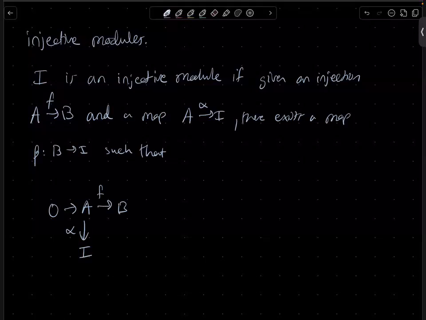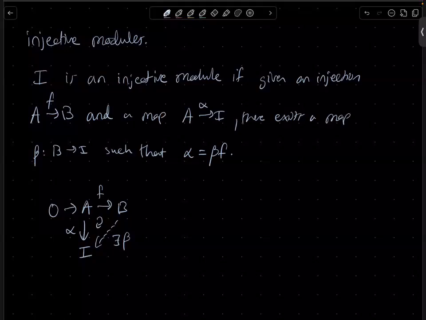It's this lifting thing again. You can connect B and I together with the map beta that makes this commute. So alpha is equal to beta F, F and then beta.